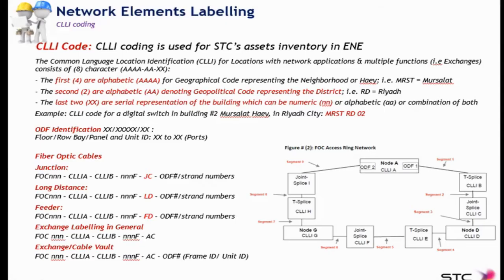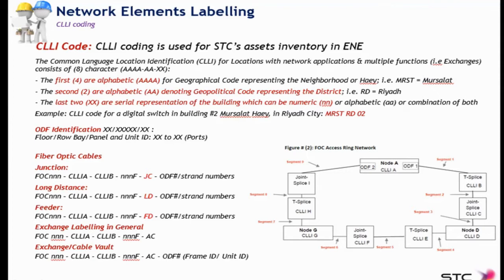This is a general knowledge slide. STC coding is based on the Common Language Location Identification International Coding, called CLLI code. Just as an example, this CLLI code is structured, as you can see on the screen, with characters. The first four are alphabetic and represent the neighborhood or hay.